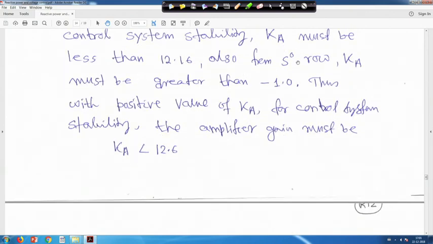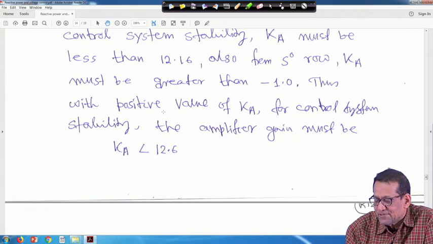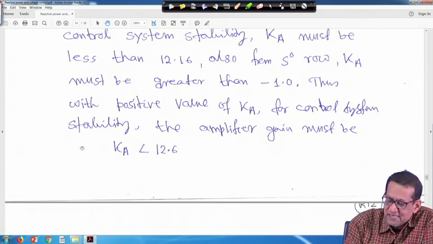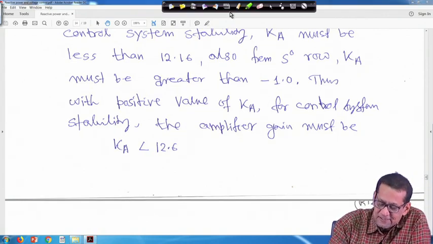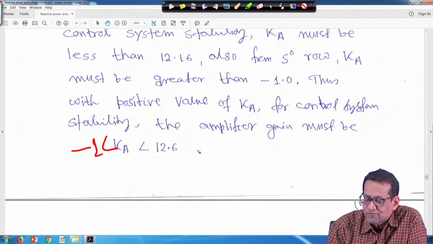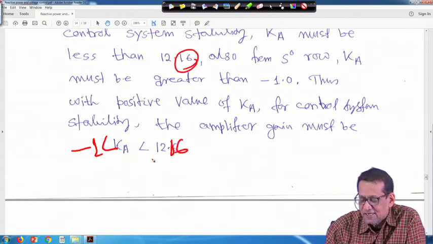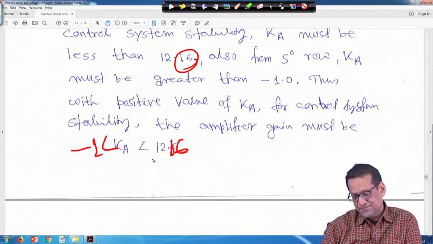Also from the S0 row k must be greater than -1. Thus, for control system stability the amplifier gain must satisfy -1 less than k less than 12.16. I by mistake wrote 6, it is 12.16, right.